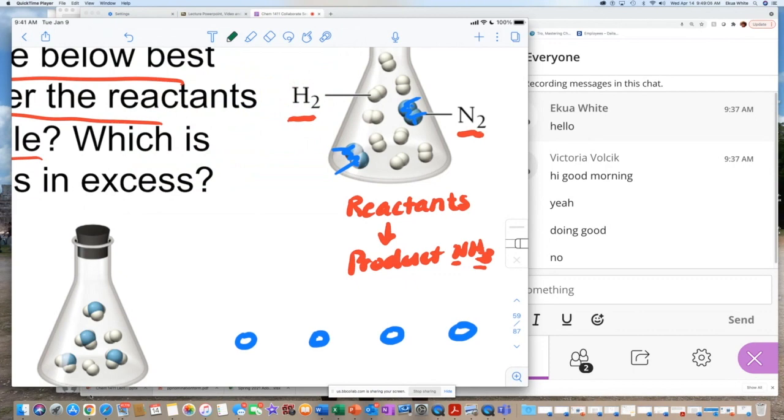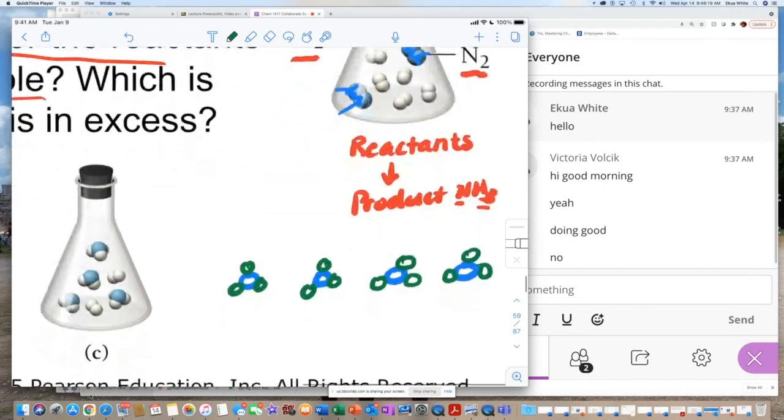Each of the N's needs 3 H's. 1, 2, 3, right? 1, 2, 3. Once I'm done using the H's, I'll check to see if I had enough. 1, 2, 3, 1, 2, 3. Okay, so let me see. For the 4 N's I end up using, I needed 1, 2, 3, 4, 5, 6, 7, 8, 9, 10, 11, 12. I needed 12 H's.